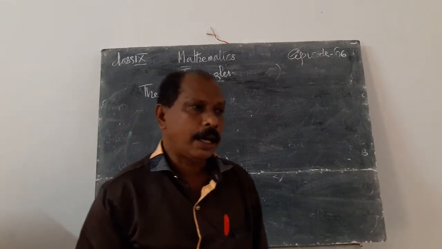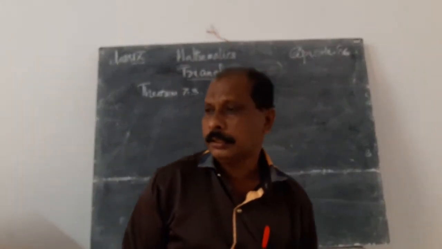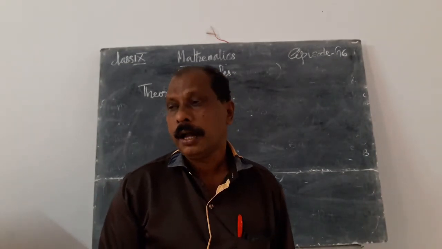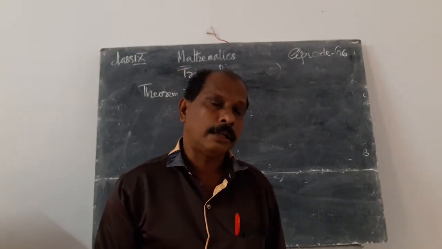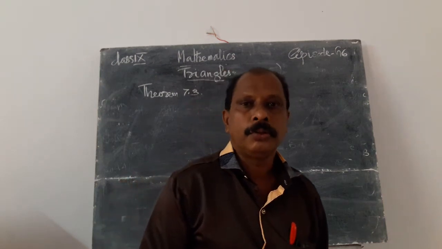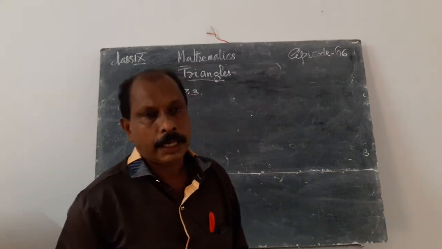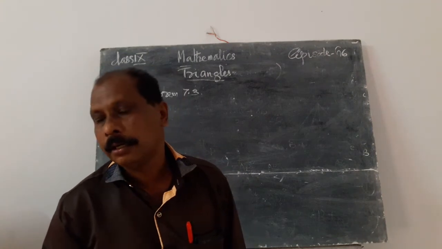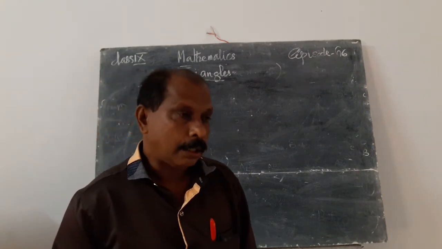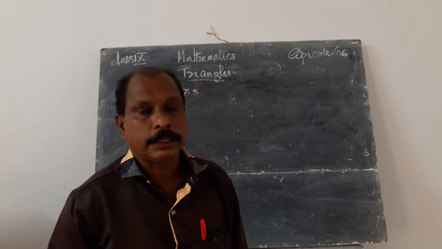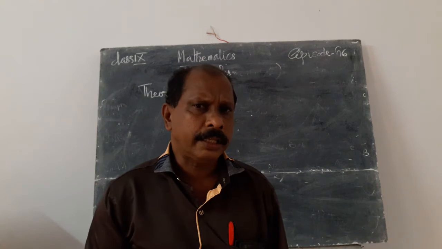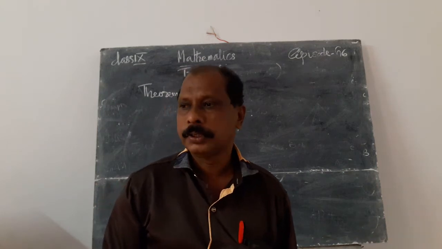That is, the hypotenuse and any one of the other 2 sides of a right angled triangle are equal to the corresponding side and the hypotenuse of another right angled triangle, then they are congruent. That is known as RHS theorem. All these theorems we prove only with illustration, not with proof.